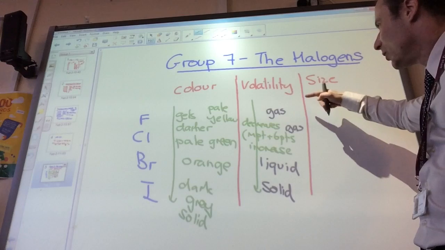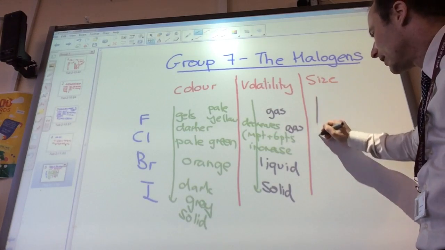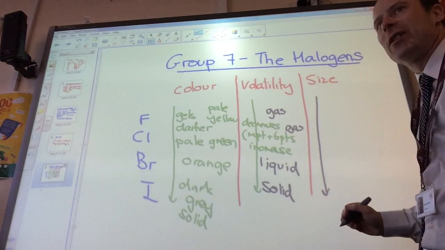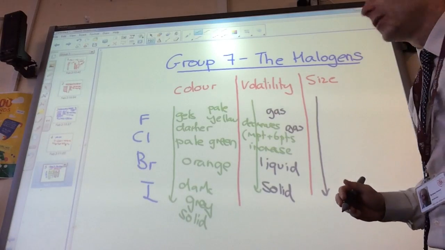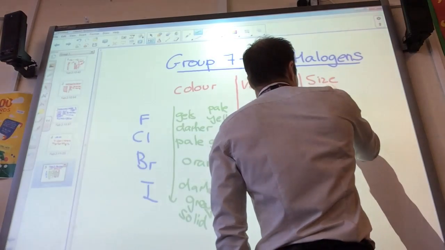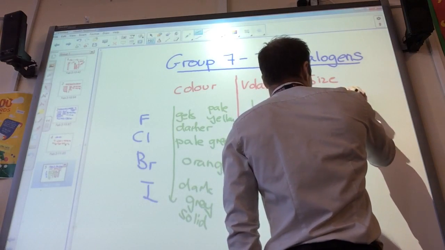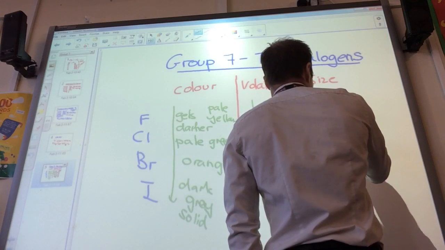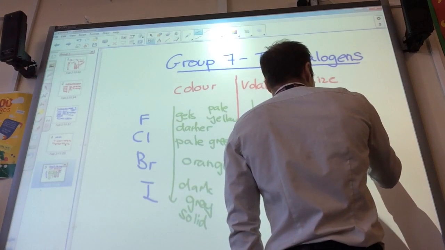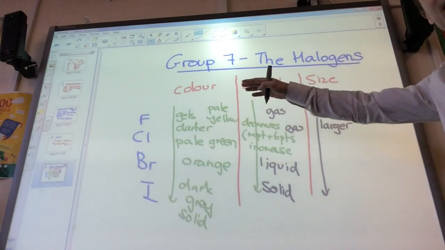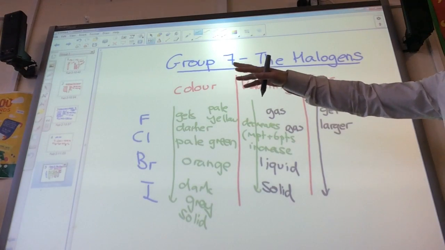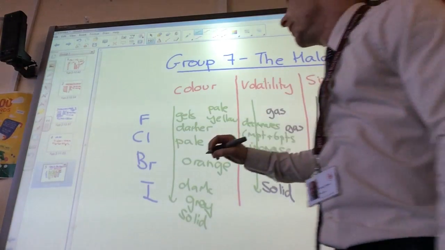And finally, because we're going to be able to link these together, as I go down the group, what happens to the size of my atoms? Increases. Yeah. Atoms get larger. Do they exist as atoms? They're diatomic, aren't they?